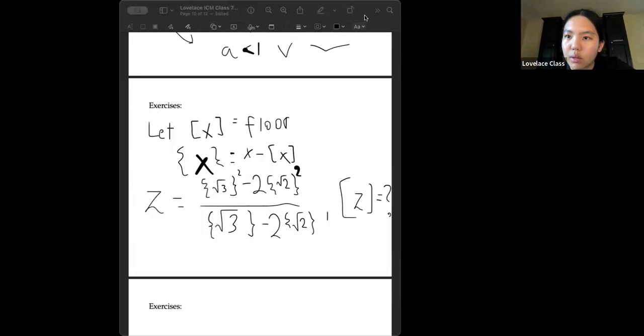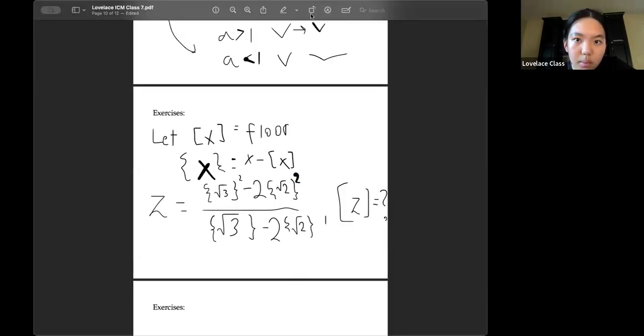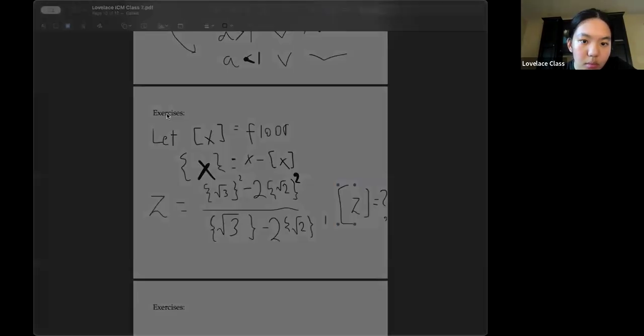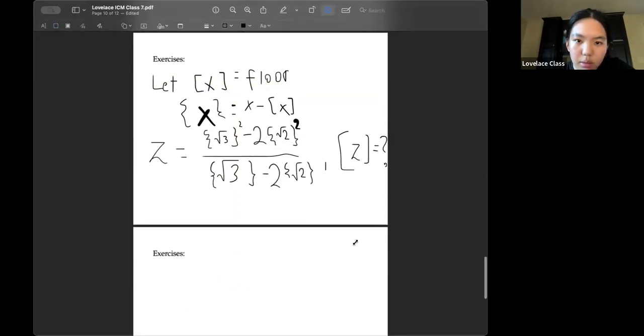Let me just find a way to... I'm not sure how I am supposed to.